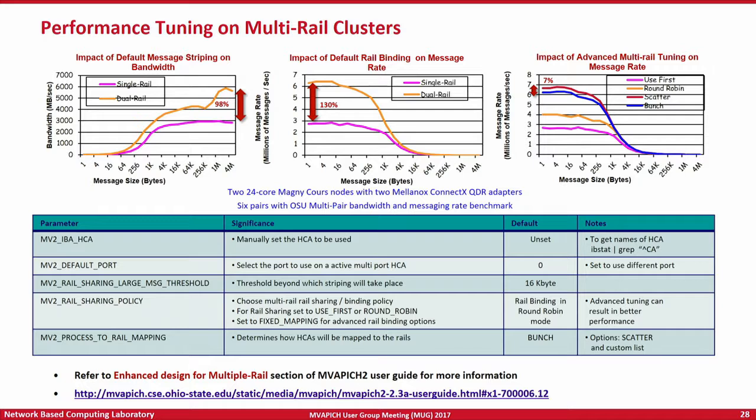So hwloc has a feature which tells each process what is the closest HCA to it. We use that feature to make sure that the HCA selected by a process is the one closest to it. This is extremely critical for MVAPICH2 GDR, even more so than the basic MVAPICH2. For the basic MVAPICH2, if you end up using the wrong HCA, you might see maybe 3 to 7% degradation. That's about it. But if you end up using the wrong HCA for MVAPICH2 GDR, you might end up getting 2x to 4x degradation, or even more than that.